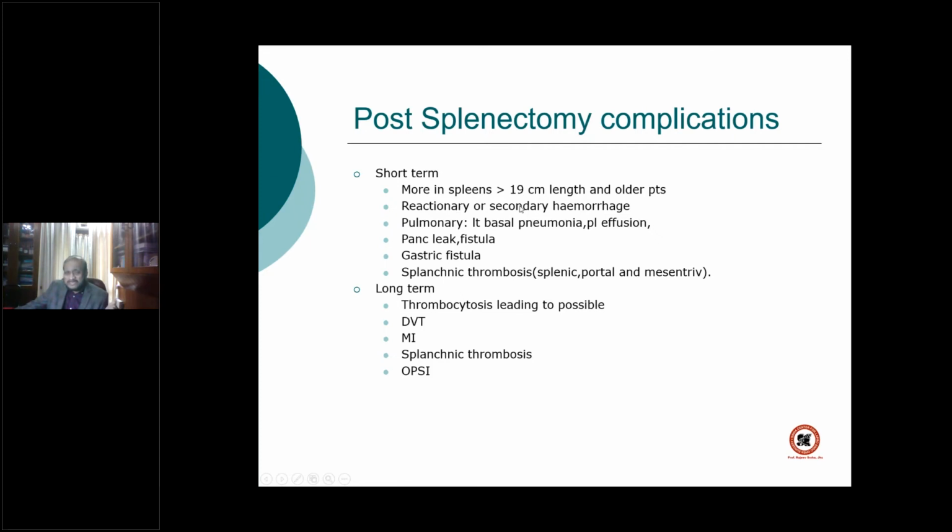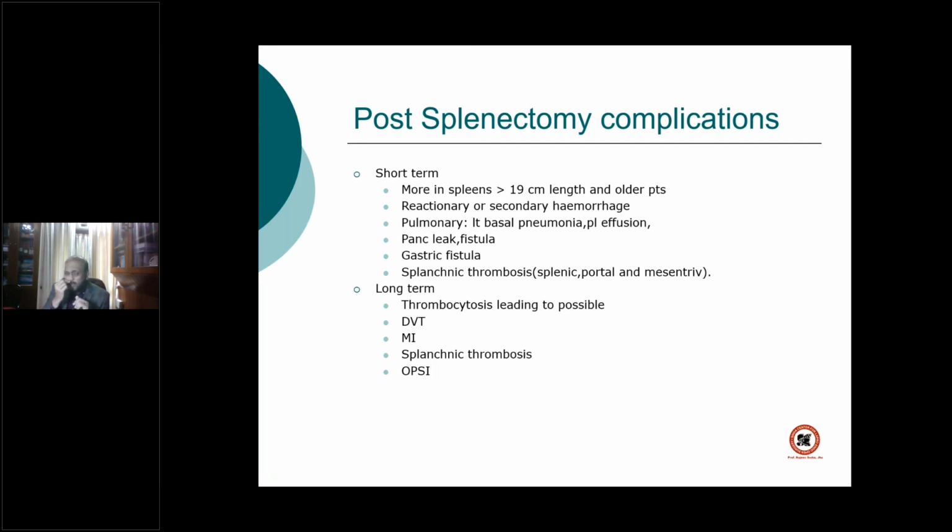This patient can have secondary or reactionary hemorrhage, left basal pneumonia and effusions, pancreatic leaks because you managed to damage the tail of the pancreas at the hilum, gastric fistula because you managed to damage the short gastric vessels while doing splenectomy, or you can have a splenic, portal, or mesenteric vein thrombosis.